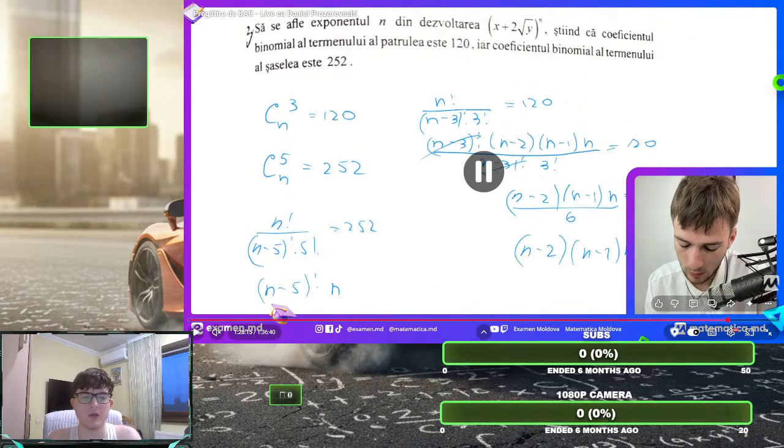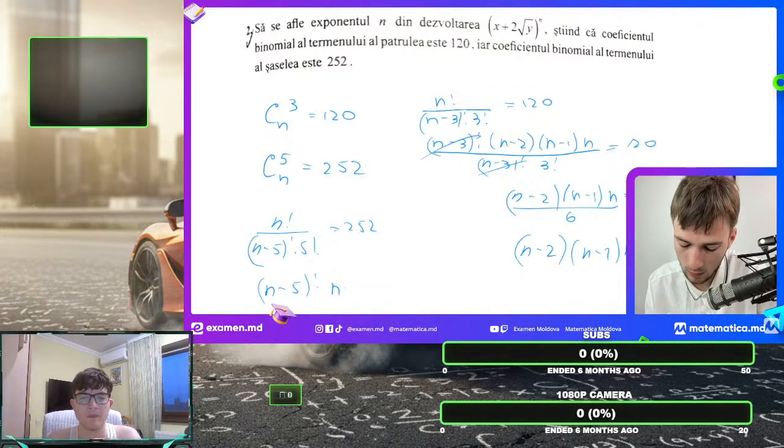Okay, now basically we moved on towards the second one. I did not see the initial one till the end. N exclamation mark, n minus 5 there. So we do basically the same thing as we did with n minus 3 exclamation mark. And 5 exclamation mark, how much is that?